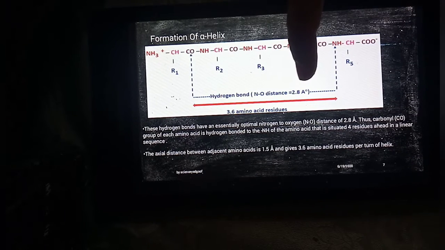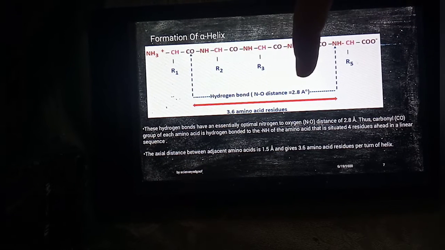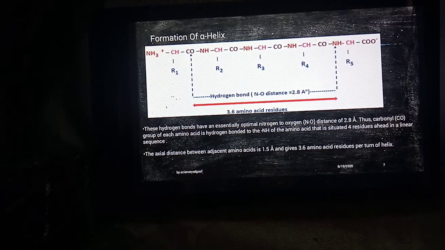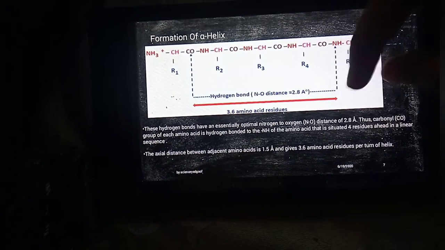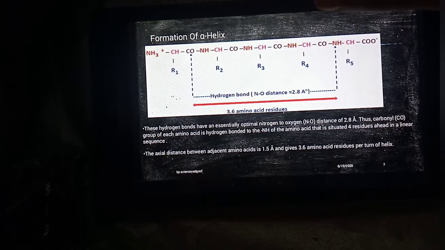This is the hydrogen bond to oxygen distance, 2.8 Angstrom, and you have 3.6 amino acids per turn, and the distance between adjacent amino acids is 1.5 Angstrom.